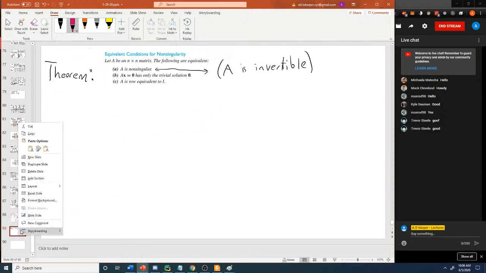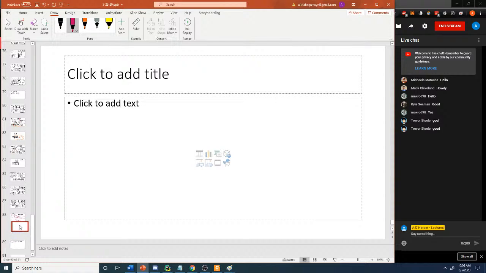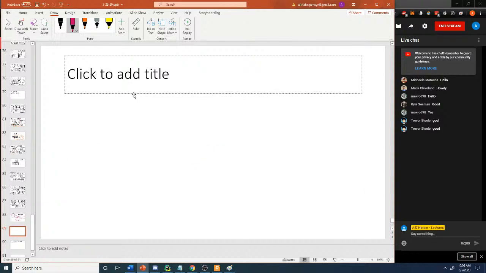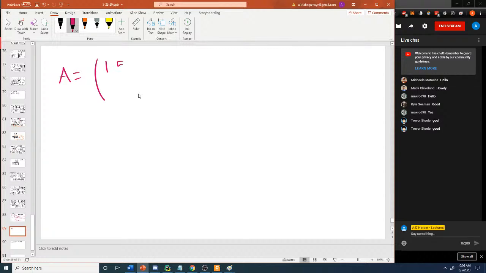So let me remind you how that works really quickly. Say we have a matrix A, and we'll do something that's pretty easy to start with: 1, 5, 6, 1. Say we want to compute its inverse.